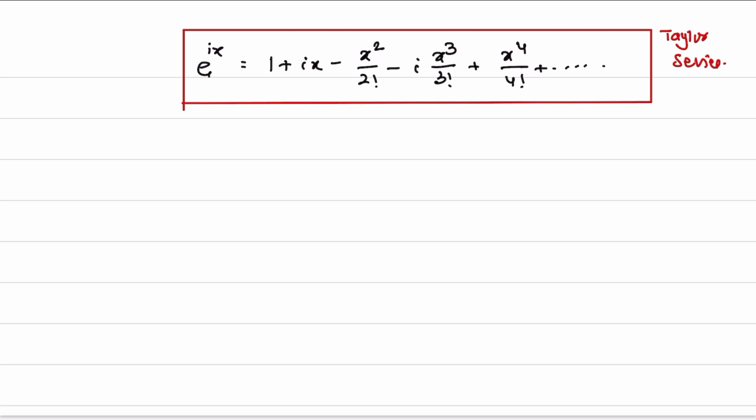Now, when you separate real numbers, x we thought of as a real number.